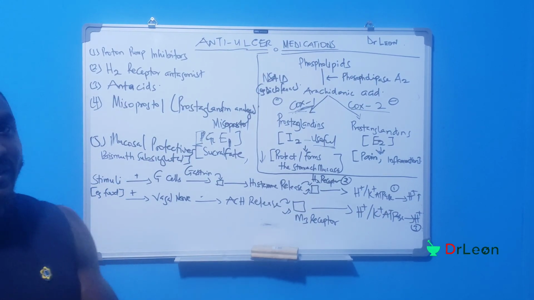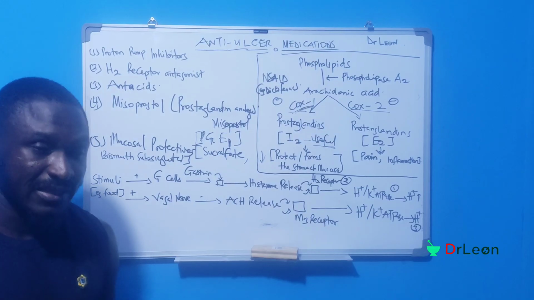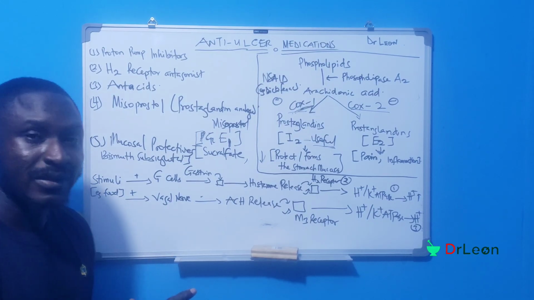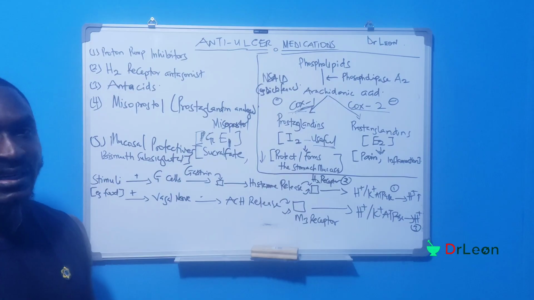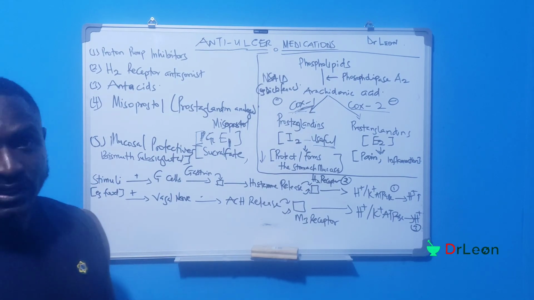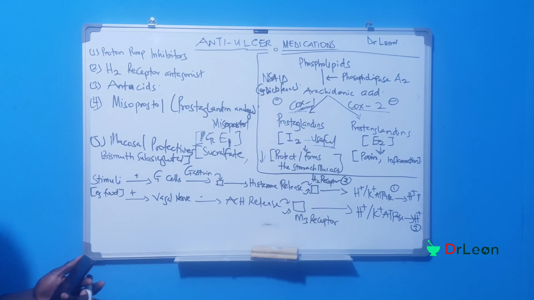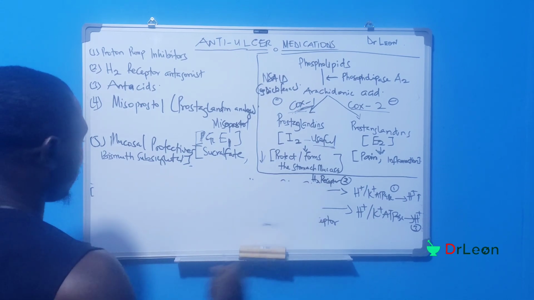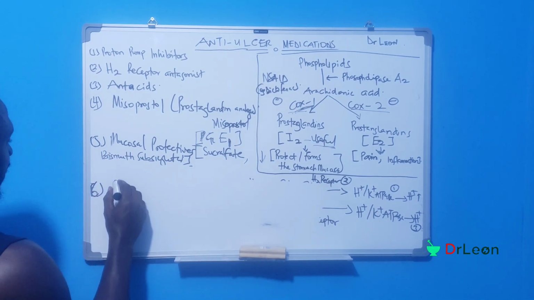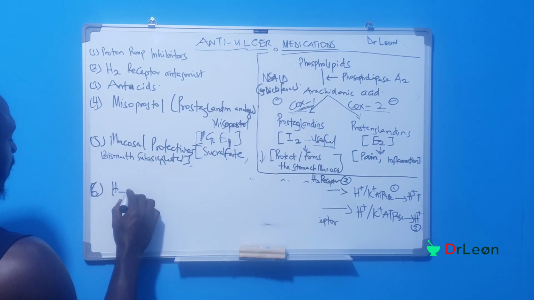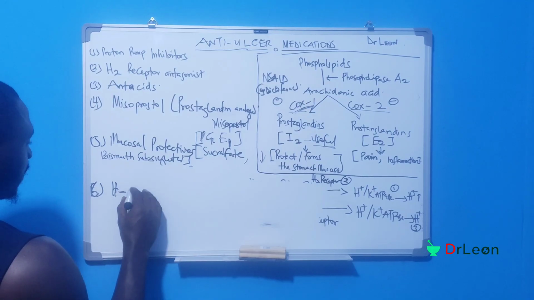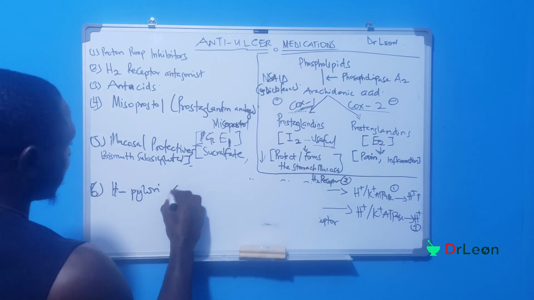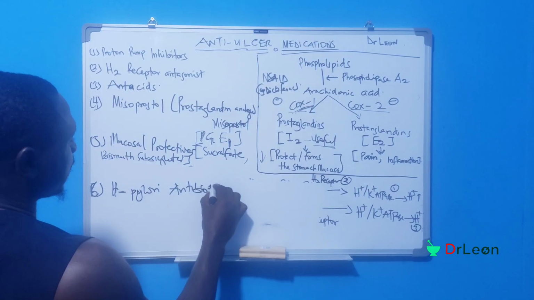So antibiotics in itself is not an anti-ulcer medication, but because some of them are able to kill the H. pylori organism, which can cause ulcer, we can also add it to our class. So our last class of drugs, we'll say the H. pylori antibiotics, and you can mention them.